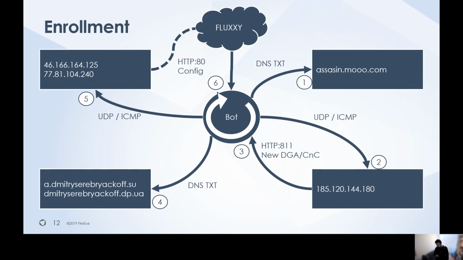So that new protocol doesn't use DNS beacon anymore. What they do is first they check a master domain here, assassin.mo.com, and fetch the associated TXT record. A TXT record is just a text associated to a domain name and stored on public DNS infrastructures. And that TXT record is actually an RSA signature.